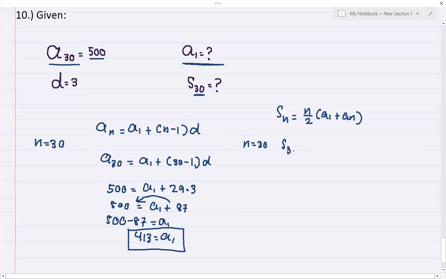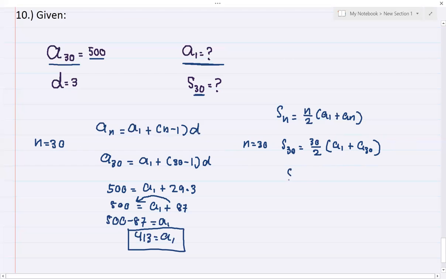So you will have S sub 30 is equal to 30 all over 2 times quantity a sub 1, okay, plus a sub n, or sorry, a sub 30, because your n is equal to 30. So therefore it's a sub 30. Okay. So again, from a sub n to a sub 30, why did it become a sub 30? It's because your n is equal to 30. Therefore, it will become a sub 30 instead.